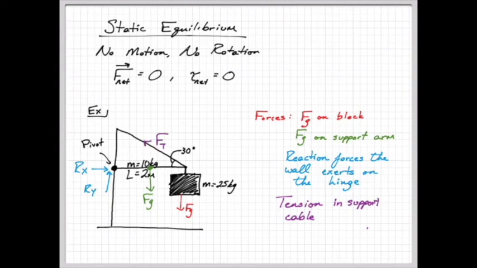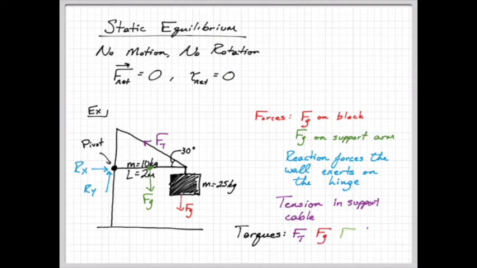That's really all the forces acting on the system. So now we have to look at each of these forces and ask, which one of them causes torque? Any force acting away from the hinge would cause torque. So the tension will cause a torque. The gravity acting on the block would cause a torque.